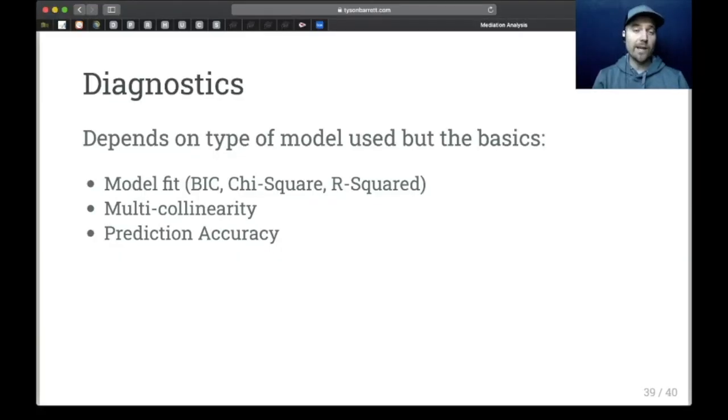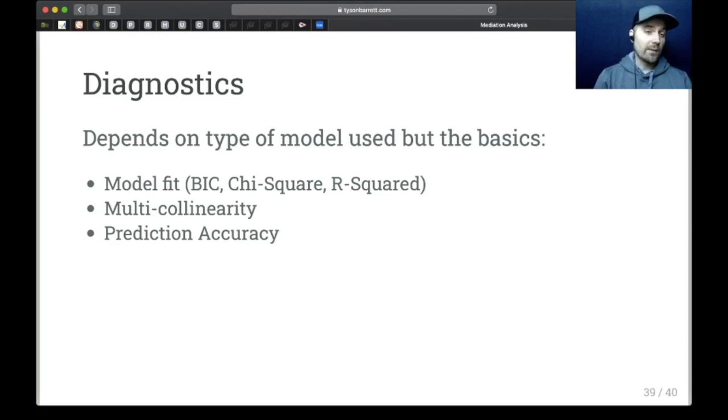We also want to do diagnostics on our models. In general, it depends on the type of model. So if you use SEM, you're going to be looking at slightly different things than if you use OLS. But overall, we're still going to look at model fit, which is R squared or BIC.